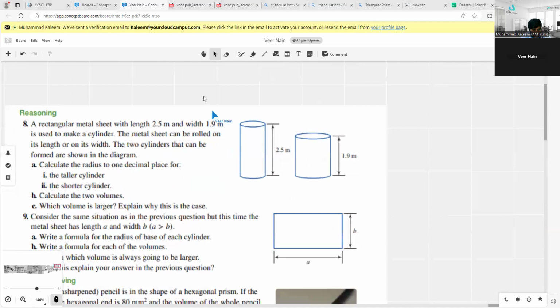Okay, let me check. We have a rectangular metal sheet with length 2.5 meters and width 1.9 meters. Is this a rectangle? Yes, it is a rectangular sheet. Its length is 2.5 meters and its width is 1.9 meters.